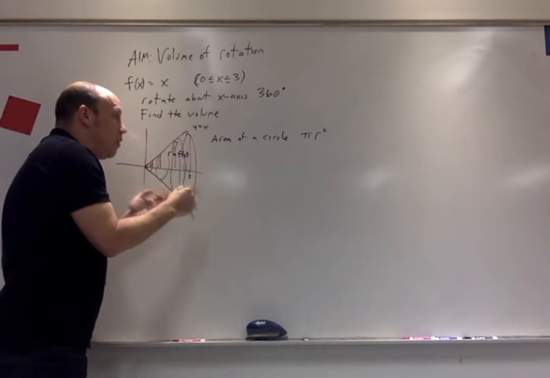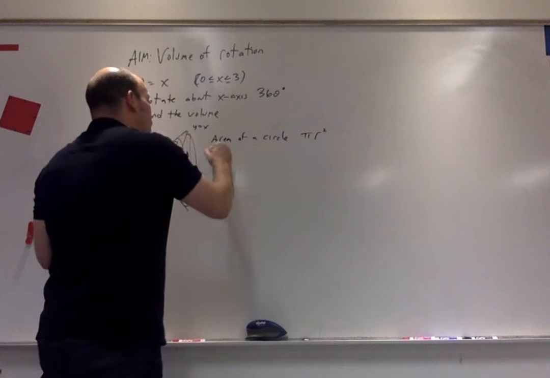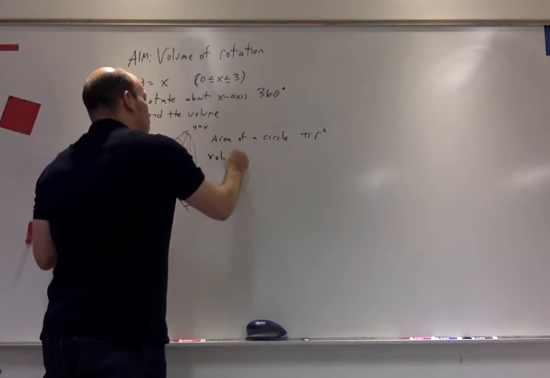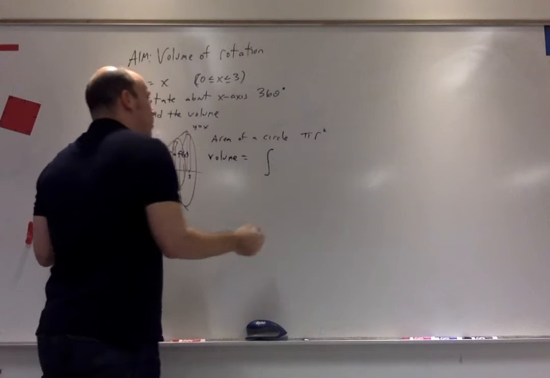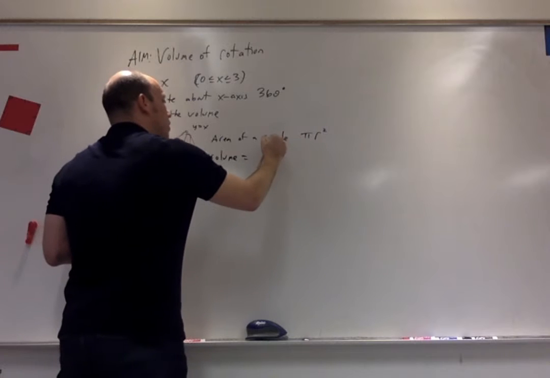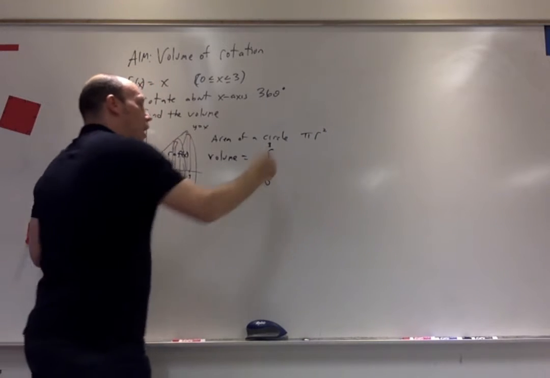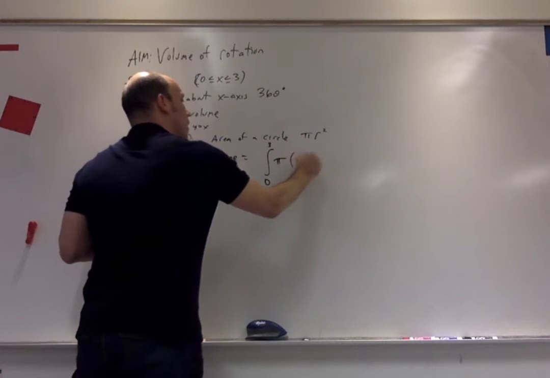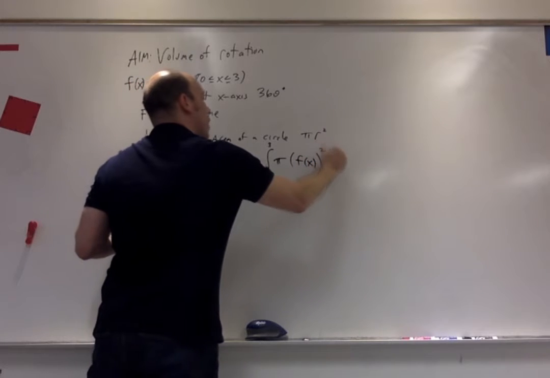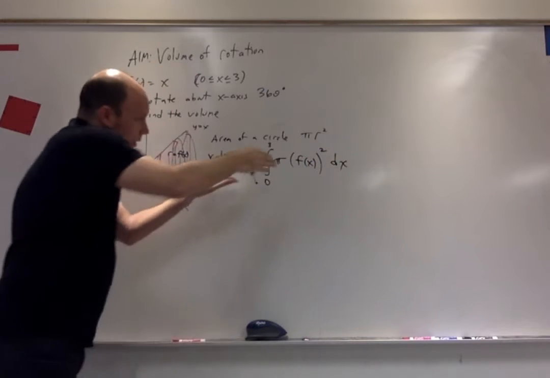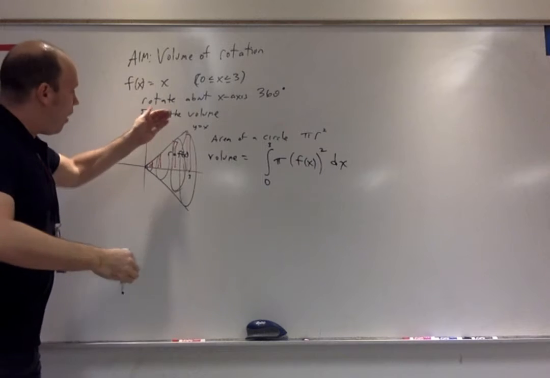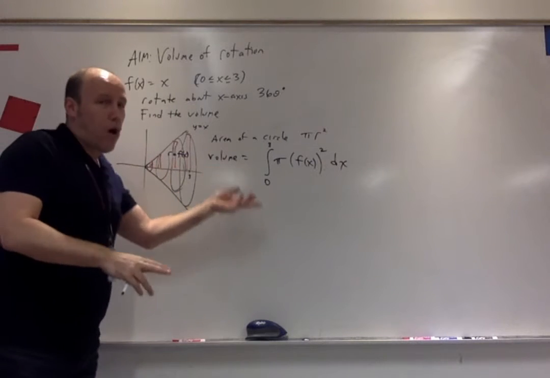So to find the volume, it's the sum from 0 to 3 of pi r squared. And that's how we find the volume of this rotation, or the volume of the cone.